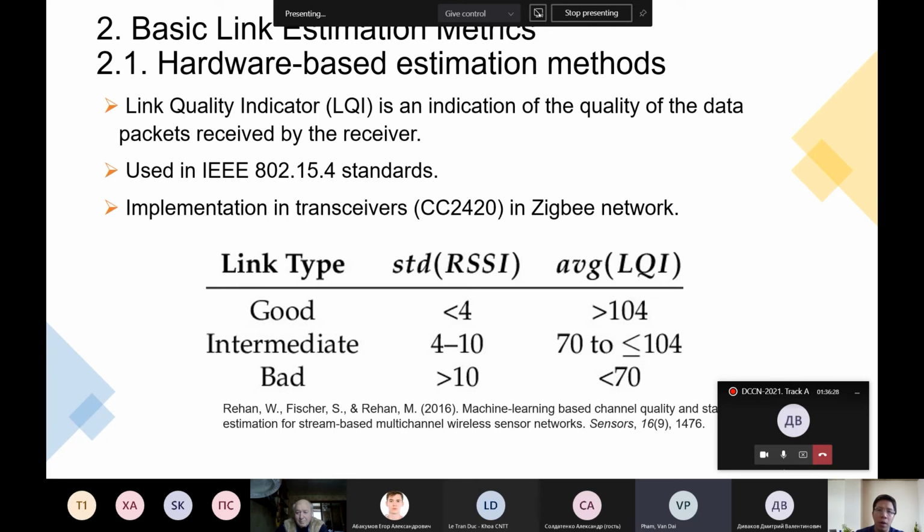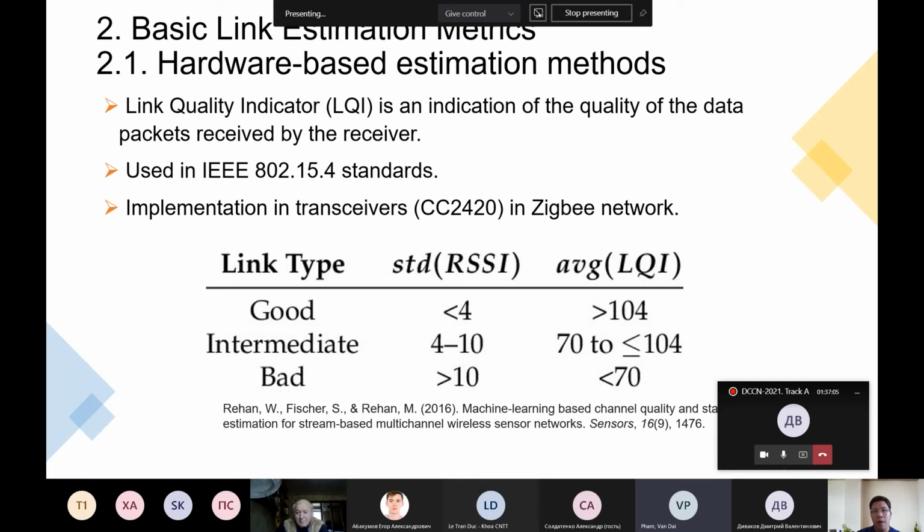For example, this indicator is implemented in some transceivers in ZigBee networks to estimate the link cost. After receiving each packet, the link quality indicator resolves as an integer ranging from 0 to 255. The minimum and maximum values correspond to the lowest and highest quality signals detectable by the receiver.